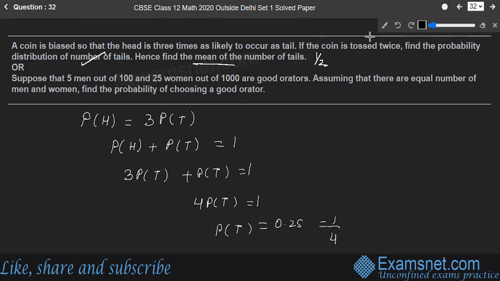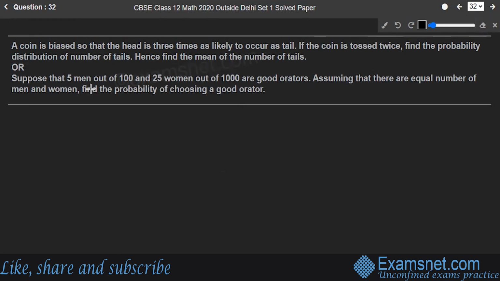Or the option, suppose that I'll erase. Suppose that 5 men out of 100 and 25 women out of 1000 are good orators. Assuming that there are equal number of men and women, you have to find the probability of choosing a good orator. Okay.